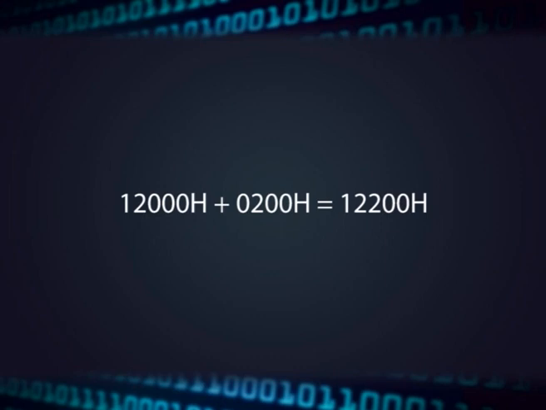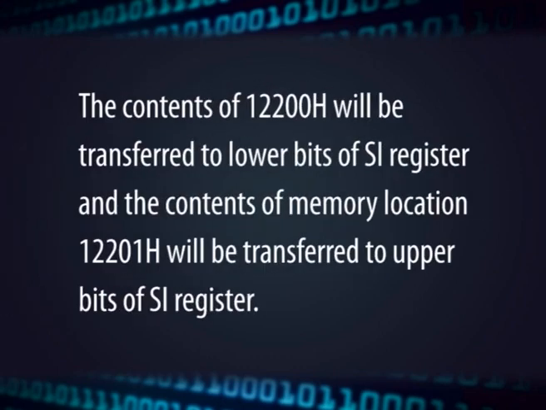Overall, the effective address is 12,200 hex. The contents of 12,200 hex will be transferred to the lower bits of the SI register, and the contents of memory location 12,201 hex will be transferred to the upper bits of the SI register. So, this is how the instruction LDS works.